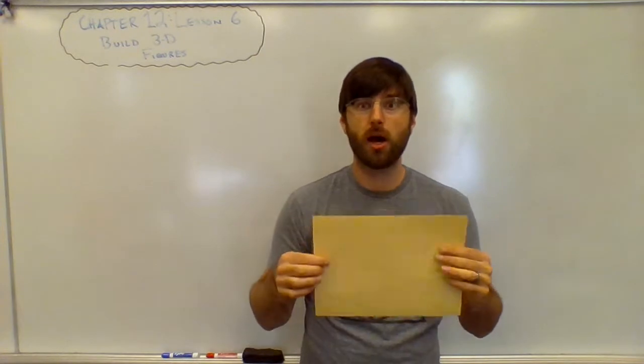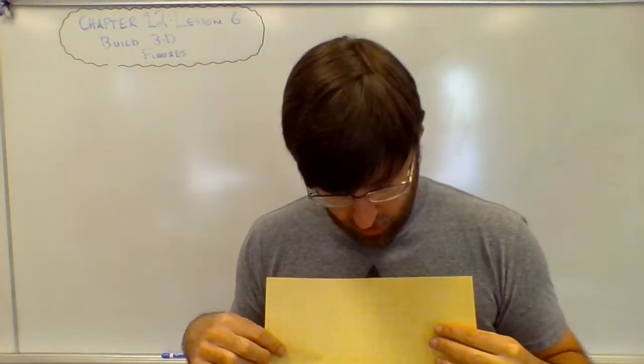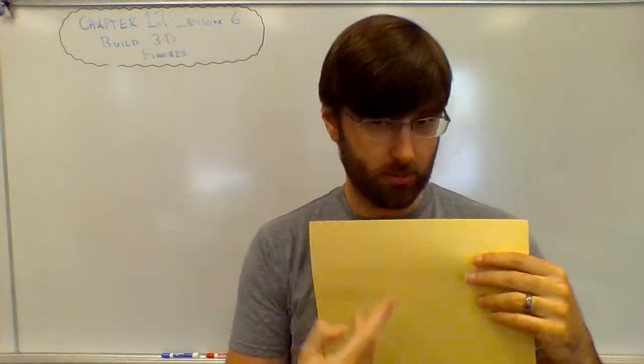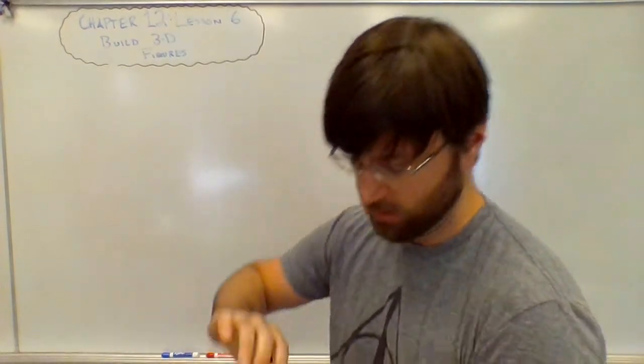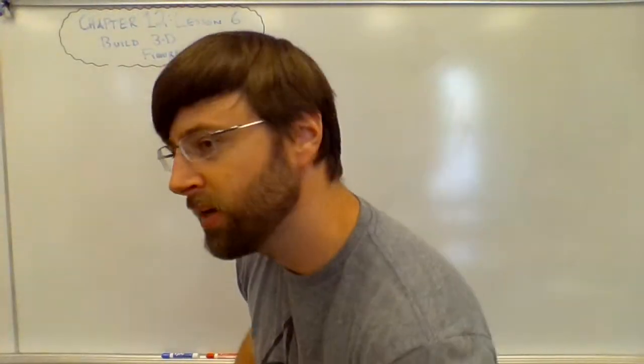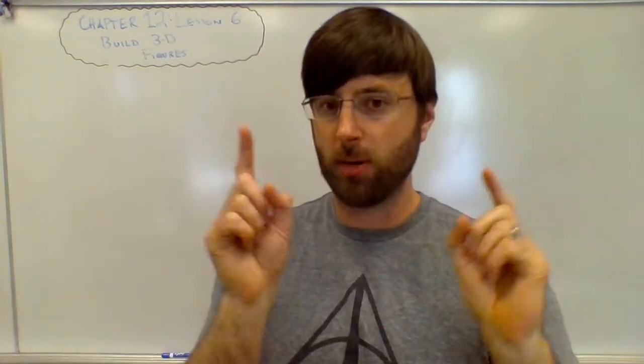And then once you've got it copied down, cut out around it, just the perimeter. Cut around the perimeter of the object, and then join me again. So you're going to pause, and then you're going to copy down the net, and then cut it out. Okay? All right. Do that now.